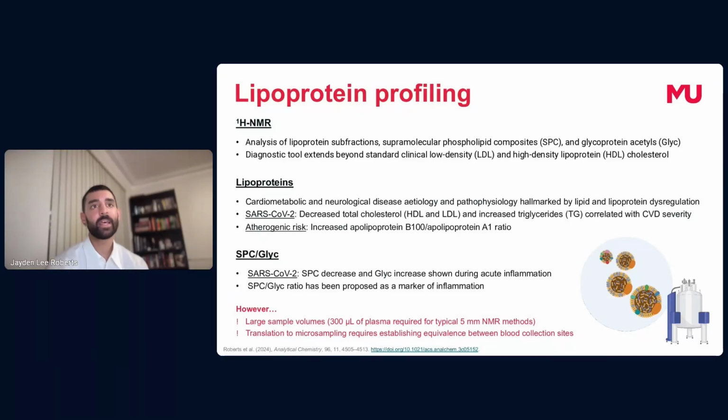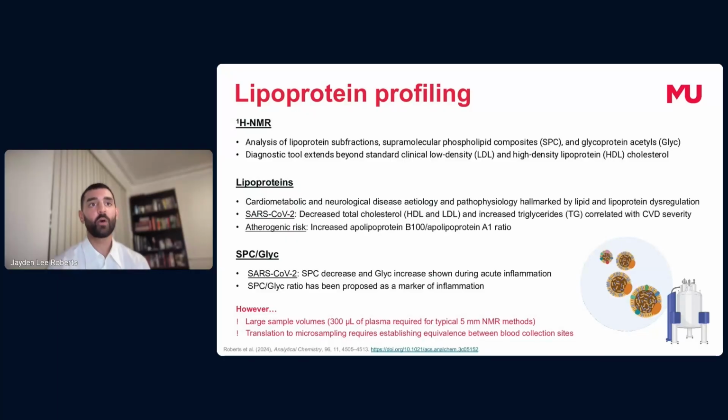With advancements in high-resolution methodologies, we now also have diagnostic advantages of being able to perform lipoprotein subclass quantitation, which extends beyond traditional lipoprotein measurements that are routinely measured as part of clinical assessments, like your LDL cholesterol, your HDL cholesterol, and total triglycerides.